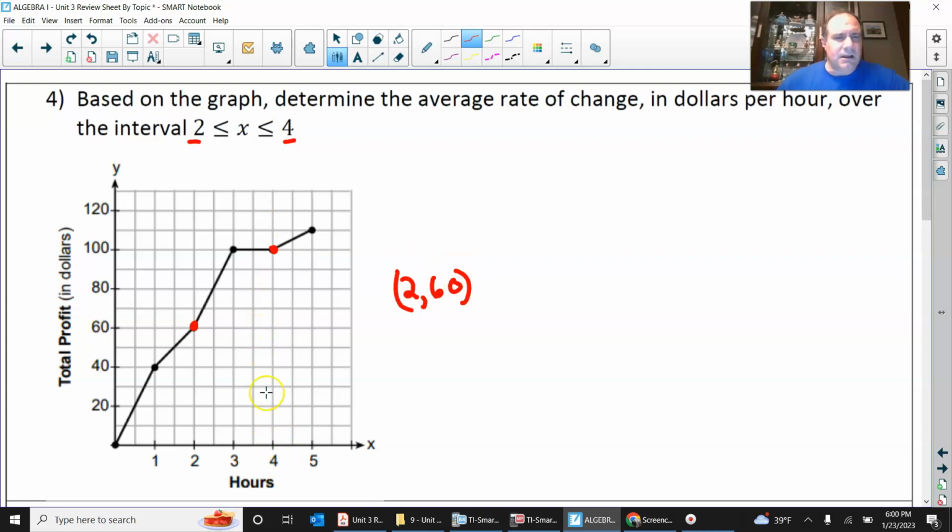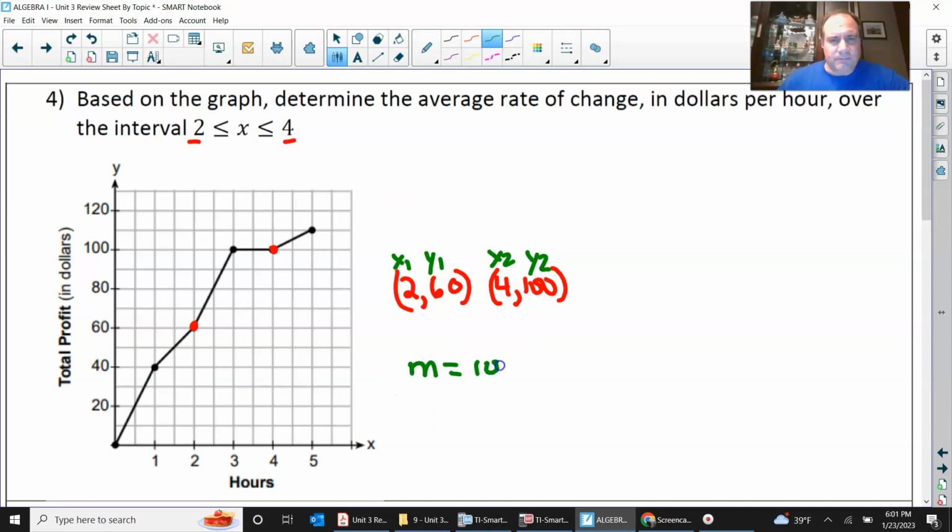And then they want to include this here as 4, 100. And then you have your x1, y1, x2, y2. So you have 100 minus 60 over 4 minus 2. That is 40 over 2, and that is 20.